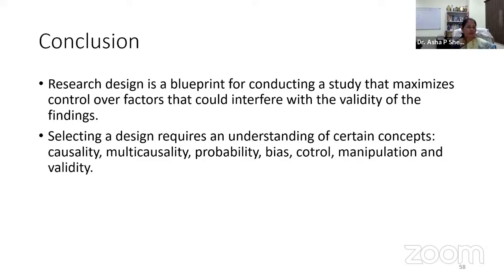So it's very essential that the investigator selects the most appropriate design, which requires understanding of causality, multi-causality, or the probability of having the effect, and what are the biases that may be interfering in selection of the participants, and what is the control that we need to have, then how do we manipulate the intervention, and what is the rigor and validity of the intervention. So these are the important aspects to be considered while selecting any experimental design.